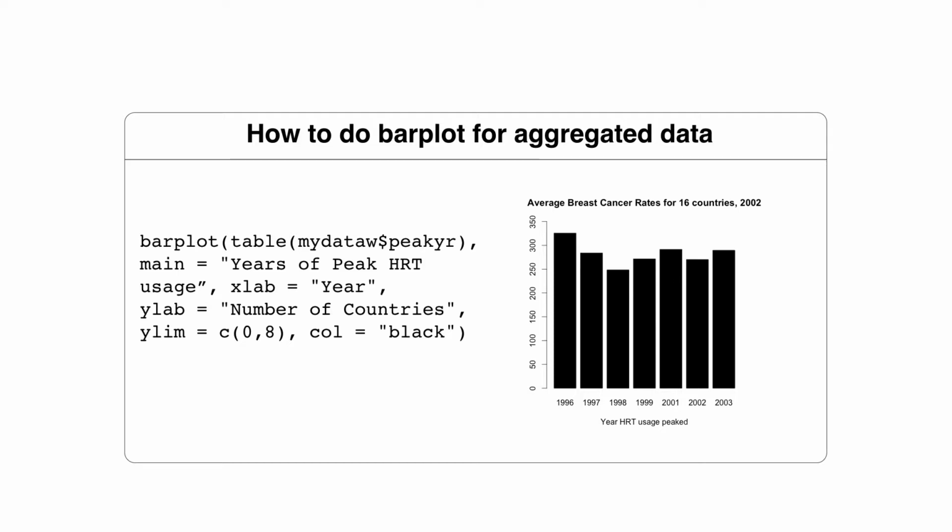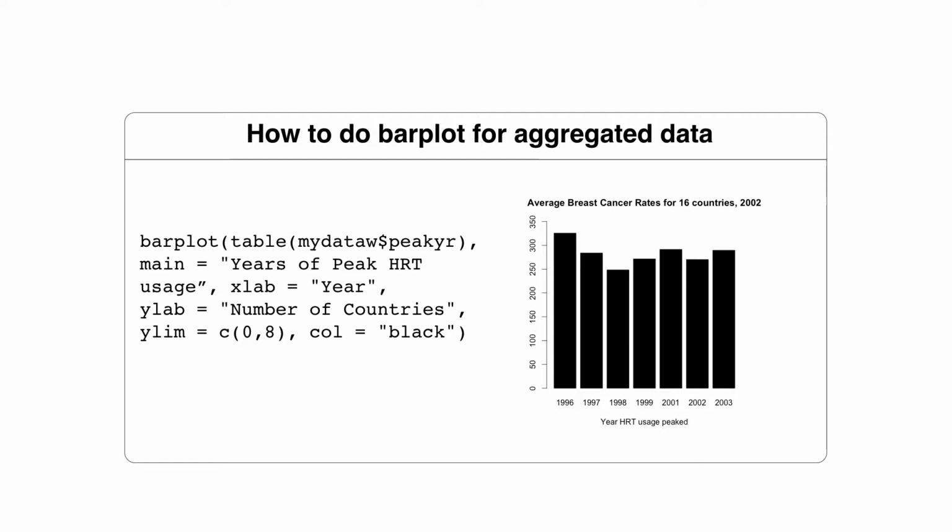It turns out that yes, it is quite possible, and it's very simple. Instead of using only counts of the countries, this time we have selected the average breast cancer rate for the 16 countries. And here you can see that it can be put in the format of a bar plot.